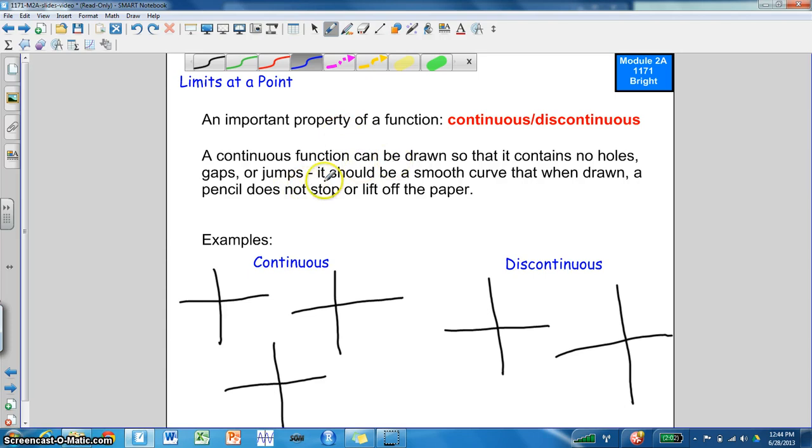If it does not have those, then it will be continuous. Really, if you draw it, your pencil should not stop or lift off the paper. For example, a basic parabola is a continuous function because I can draw it and it'll continue.